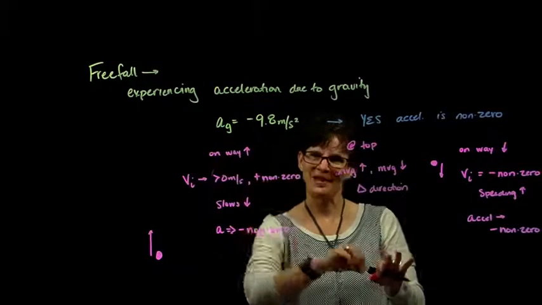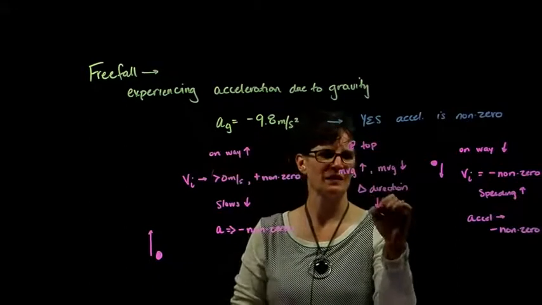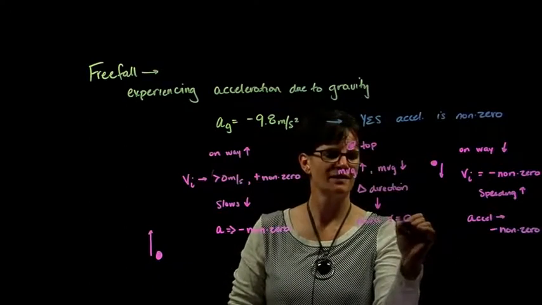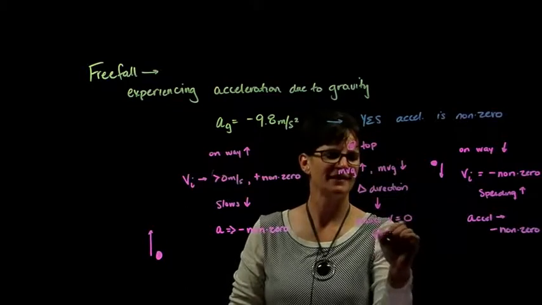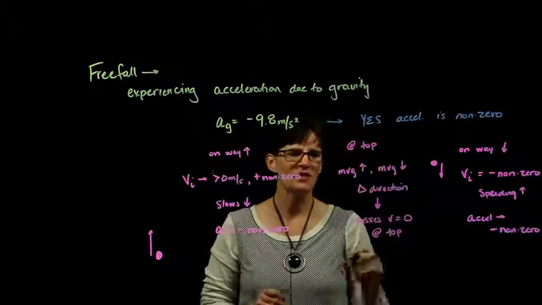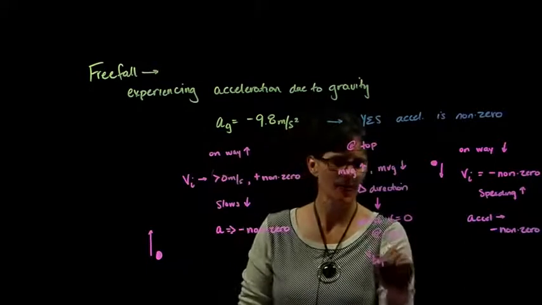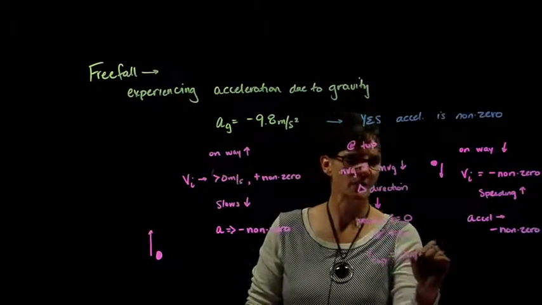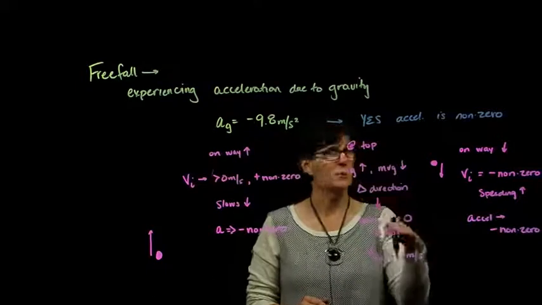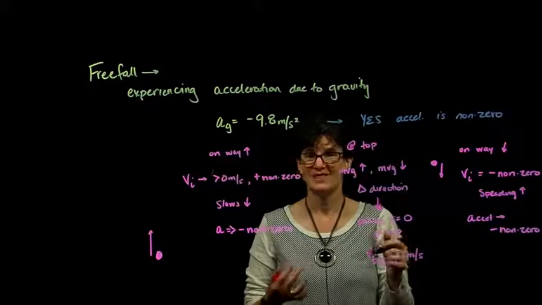And that means it's passing through 0. And it's at the top where it hits that passing through 0. So at the top, the velocity is equal to 0 meters per second. It's passing through it. It's going from moving up to moving down. So it's got to be going through 0 velocity.